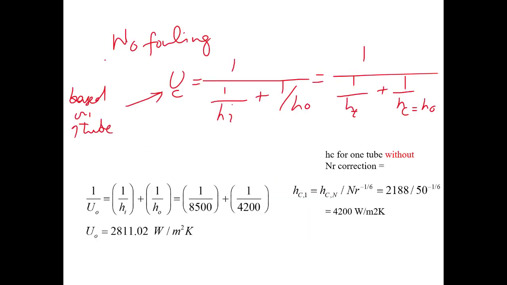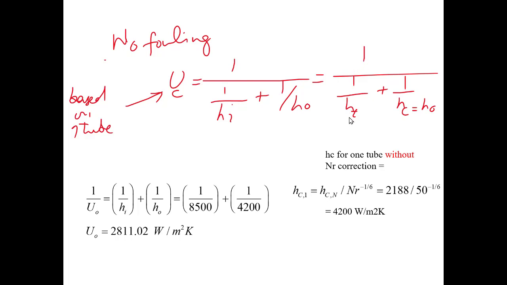Now, in the second part of the question, we are supposed to calculate the overall heat transfer coefficient, and in this case, because there is no fouling, we will be calculating the clean overall heat transfer coefficient based on one tube. If you simplify the long formulation that we saw in previous lectures for the no fouling case, we come to this relation here.